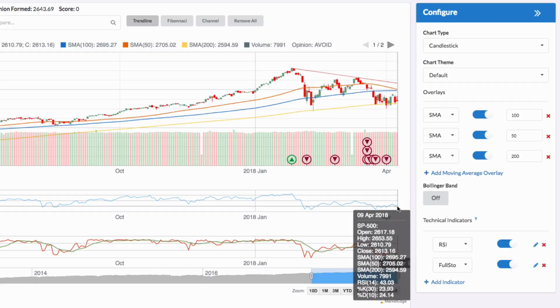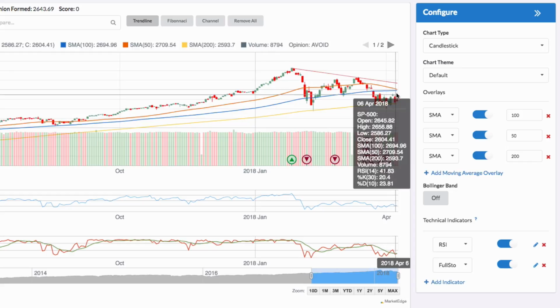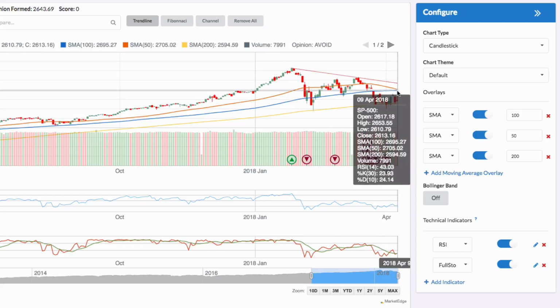RSI, 14-day RSI down here is still around 43, 44. We may get up to that 50 level today because we're up about 1.5% going into this afternoon. So again, until we break out of that, a catalyst that may break this up above these would be strong earnings coming up here over the next week or two.